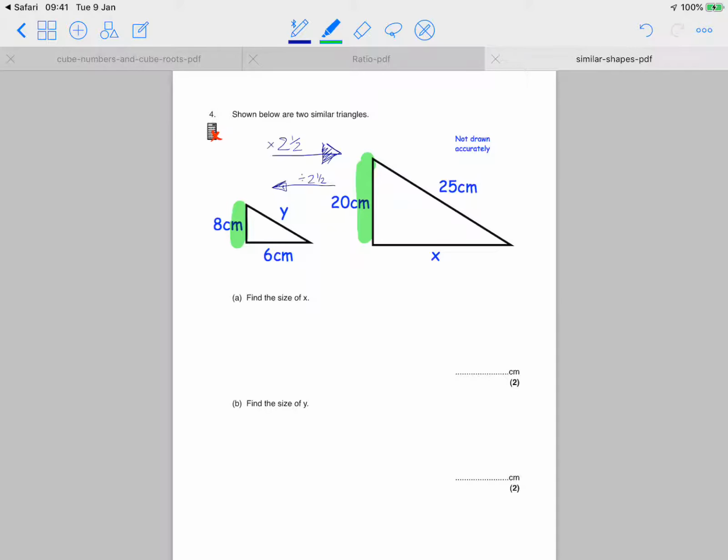So if I want to work out side x, I need to use the 6. That's the corresponding side on the small triangle. And the 6 has to be multiplied by 2.5. 2 6s are 12, half a 6 is a 3. That's going to be 15. And then if I want to work out y on the small triangle, it corresponds to the 25 on the big triangle.